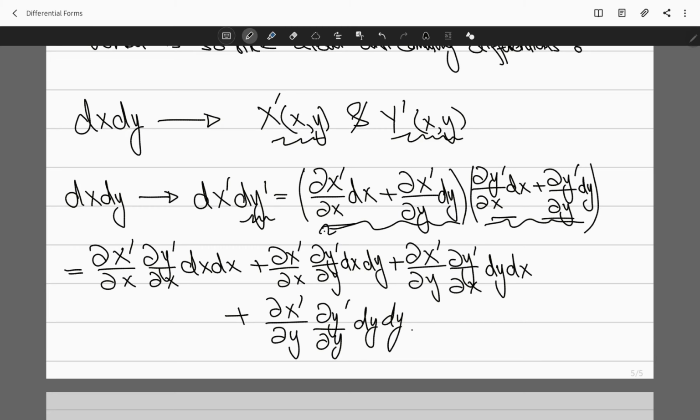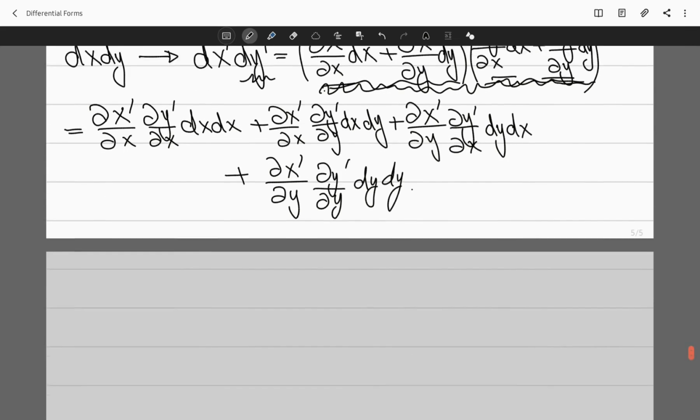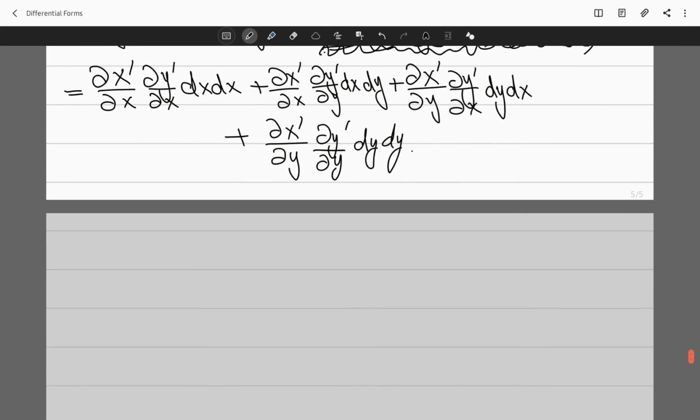Again, I have just multiplied these two things, right? Opened the brackets.